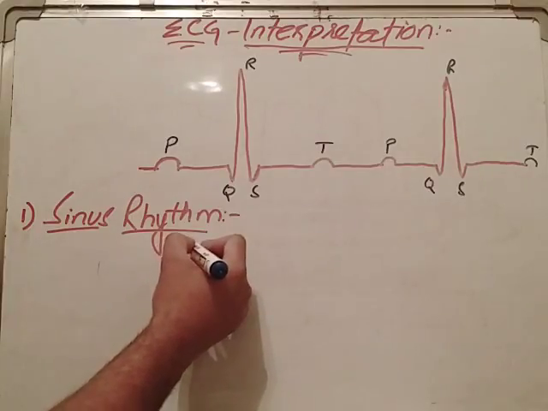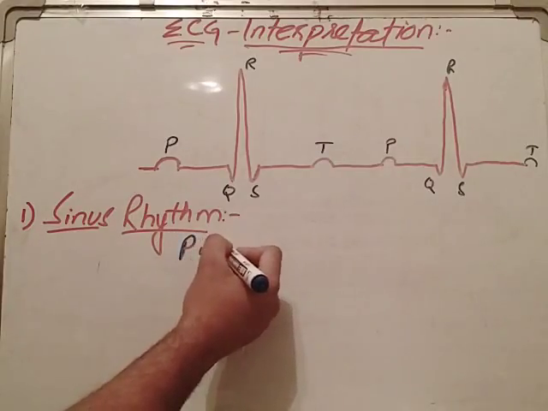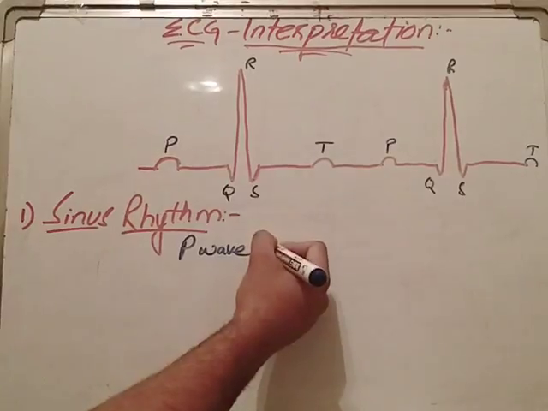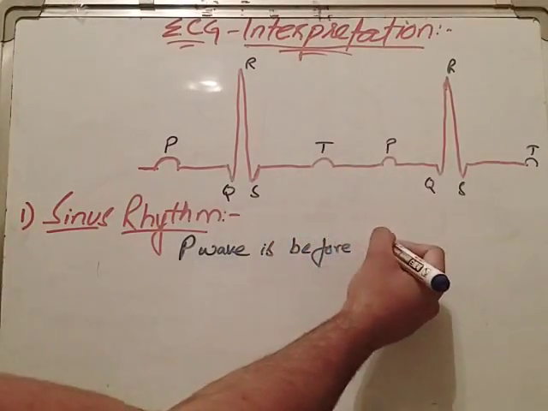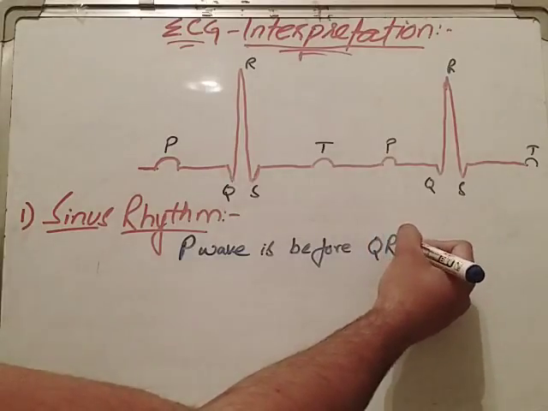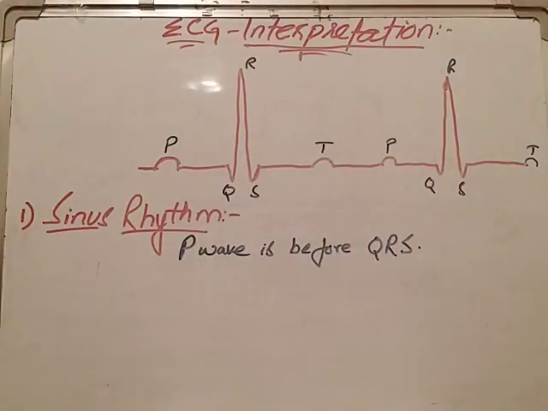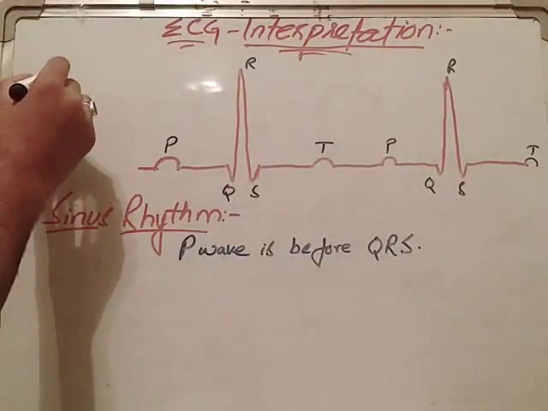The P wave is before the QRS. This means that, for example, this is your heart.